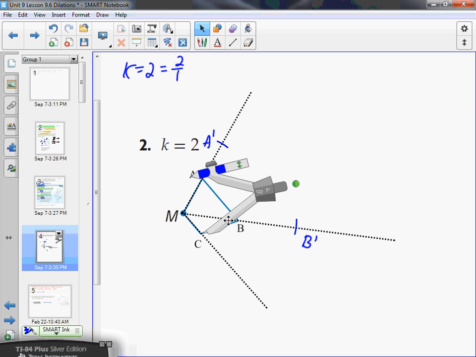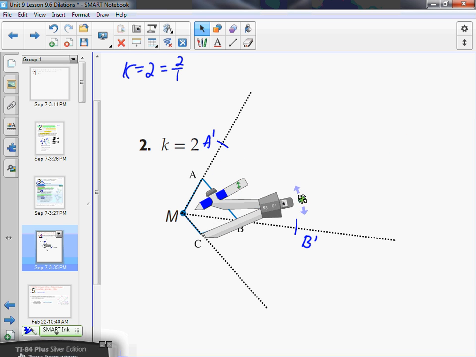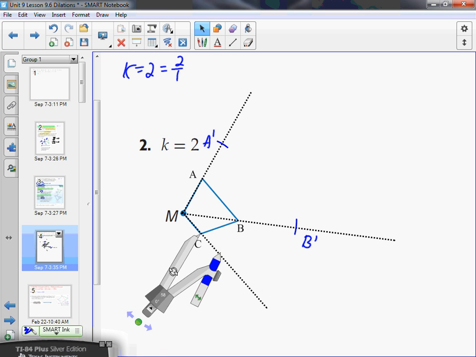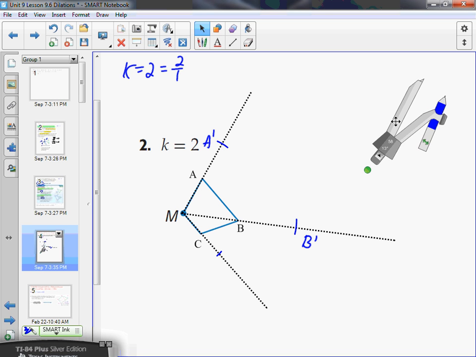Okay. So I'll measure the distance from C to the center. Go the same distance away on the other side. That's where C prime goes.